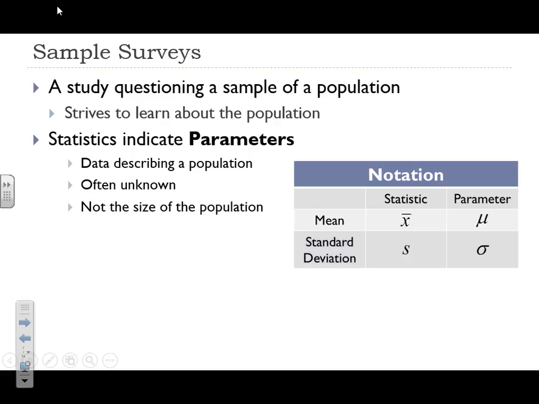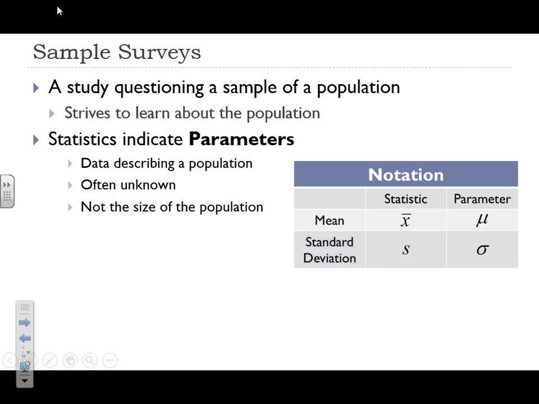So if we have statistics, we use essentially the Latin form of the variable. So for mean, we use x bar. For standard deviation, we use plain S, just like what we've been using in the first 3 chapters. However, if we know the population parameter, so if we actually know the exact value for a population, we use Greek letters to denote those values. So mean becomes mu, standard deviation becomes sigma.